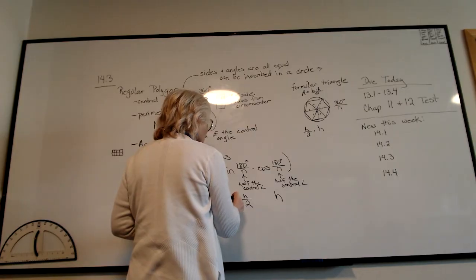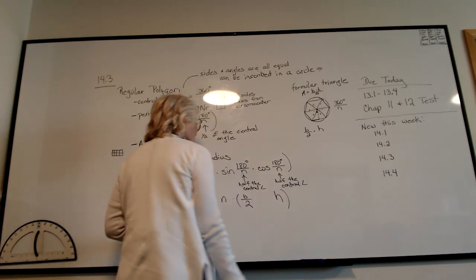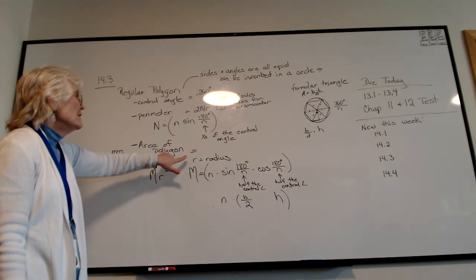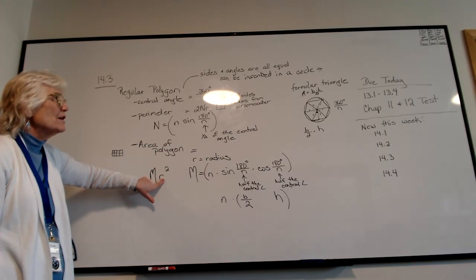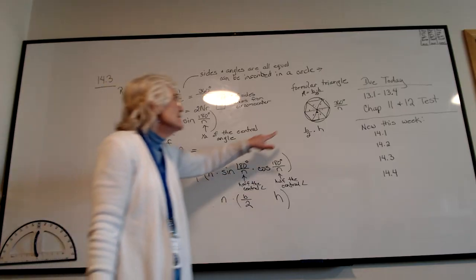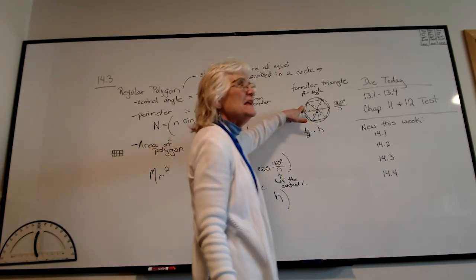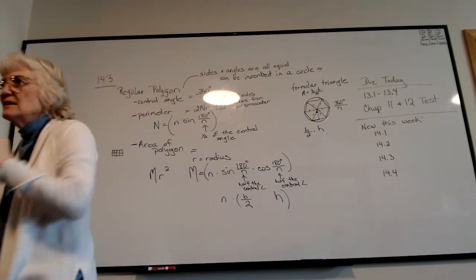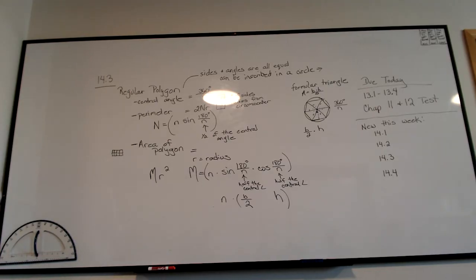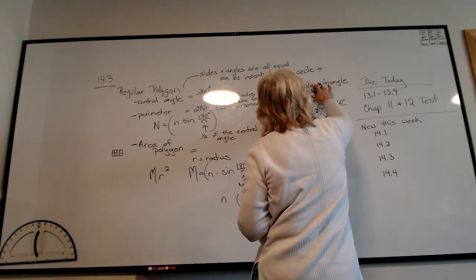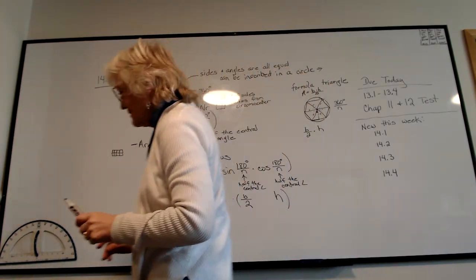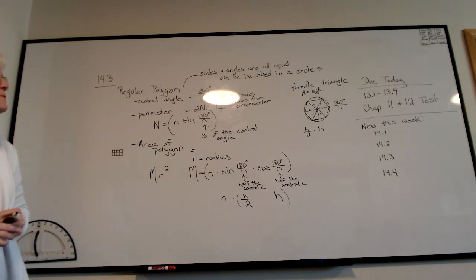Now we also have to take the radius squared, because it's all based on the radius being part of your sine and cosine. Okay, so let's do an example problem.